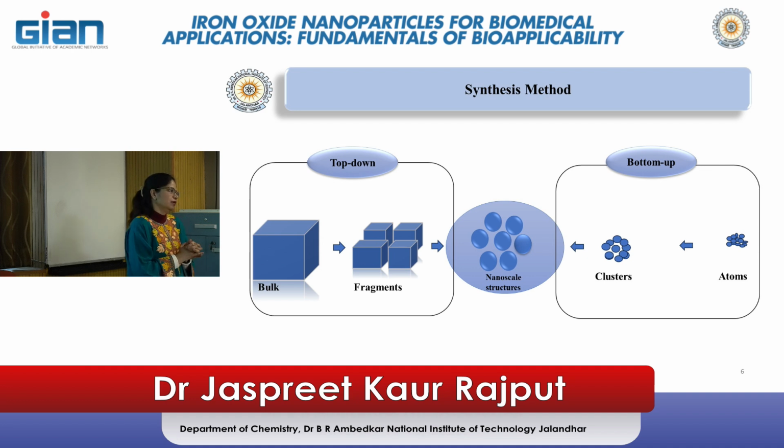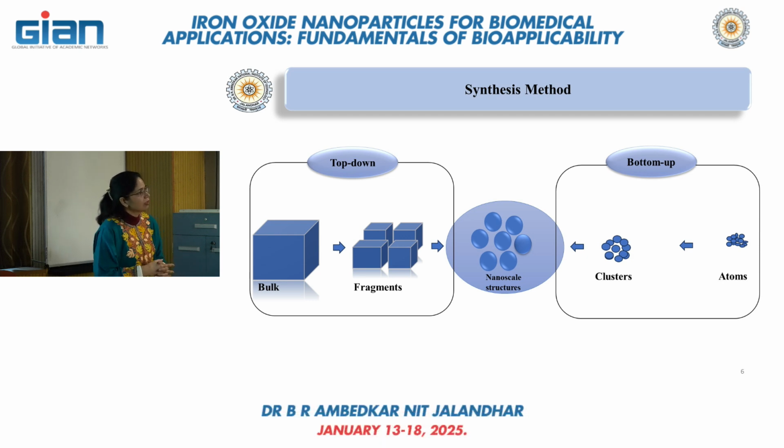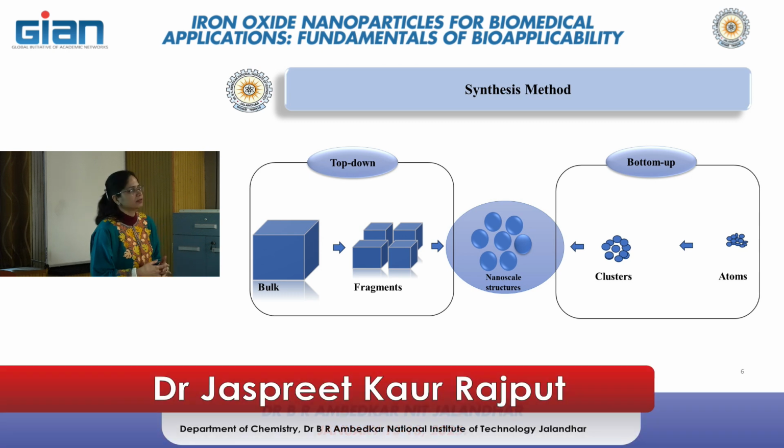But yes, you can have 2D materials, like nanoribbons and nanotubes. Quantum dots are there, right? 0D material, in which all the dimensions are in the nano range. Clear? So in this way, you can synthesize different materials of different dimensions, shapes, and sizes.